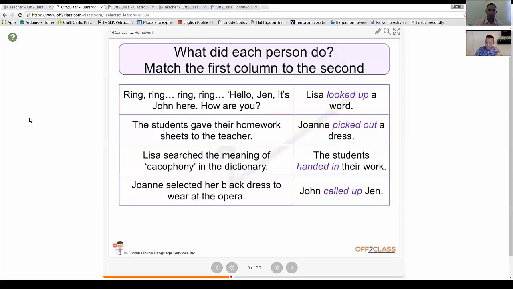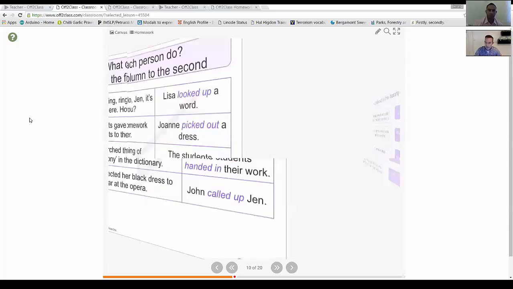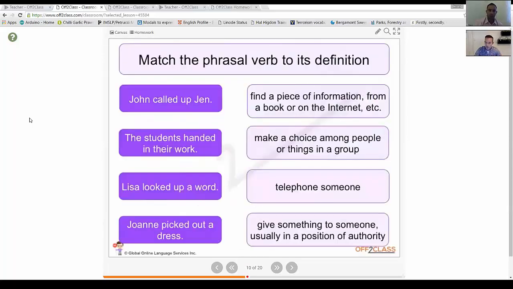Here, again, scenarios, but they just need to match those up, and then I'll use the annotations online to hopefully get them to work those out. Once they understand what the meaning is, then it becomes a lot easier to describe the different elements, the subject, the phrasal verb, the object, and how it gets used. It becomes easier for them to start replacing some of those and make different sentences themselves.